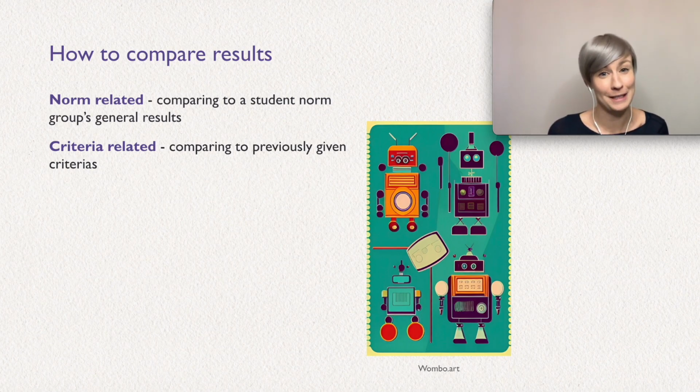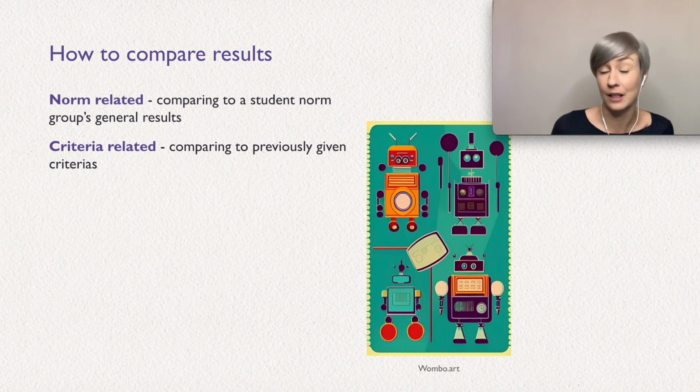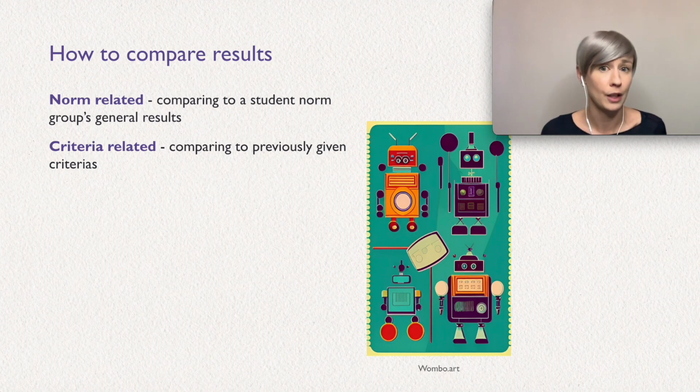That wouldn't be great. Criteria-related tests can be arbitrary. It might be hard to motivate why a student that got 17 out of 20 on a test should pass, but not the student that got 16 out of 20.